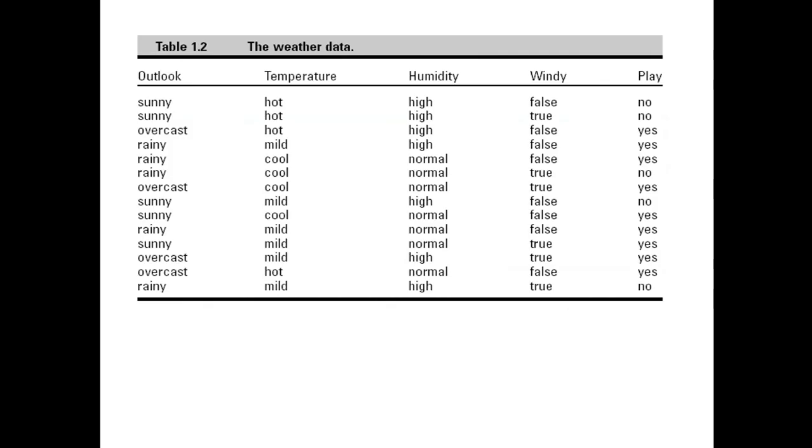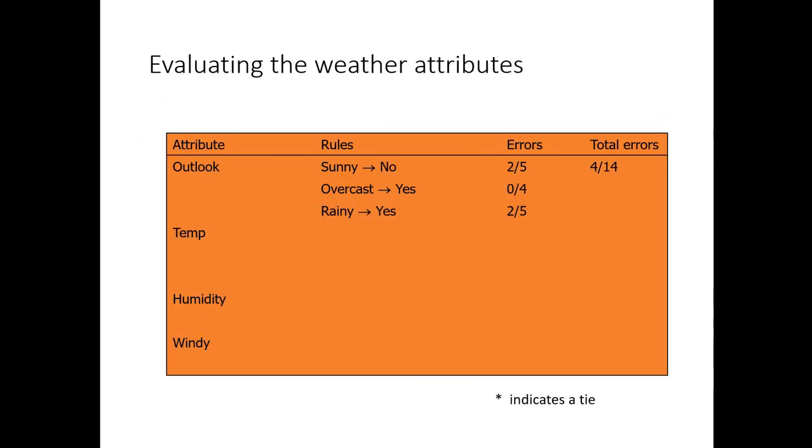Now I'll go back again. Now in this data set we have 4 attributes. We have outlook, temperature, humidity and windy, and we will have play, right? And then we have to calculate for each attribute value.